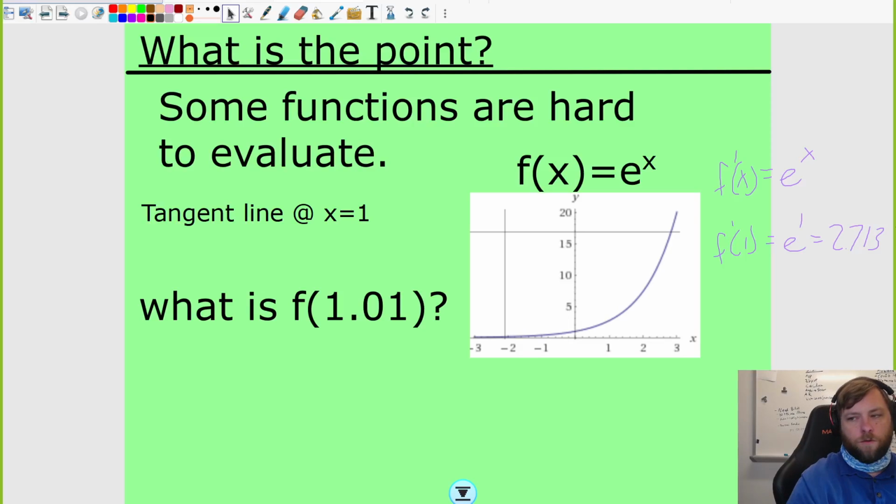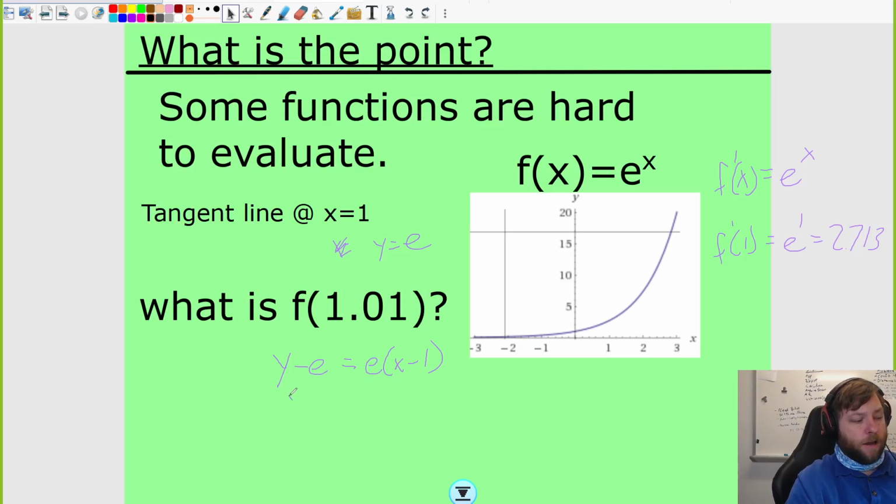And then we know at x equals 1, the y value is going to equal e to the 1, or just e. So I can create my equation as y minus e equals e times x minus 1.